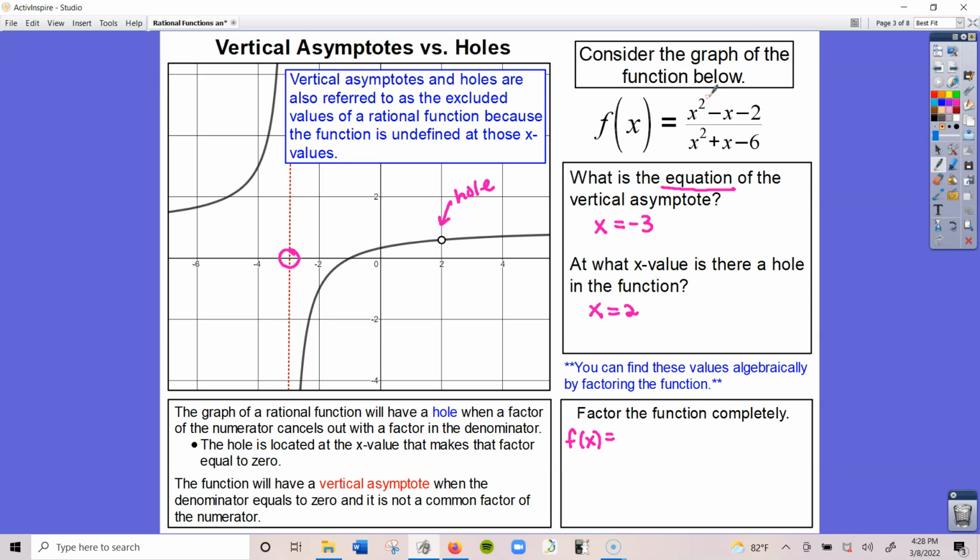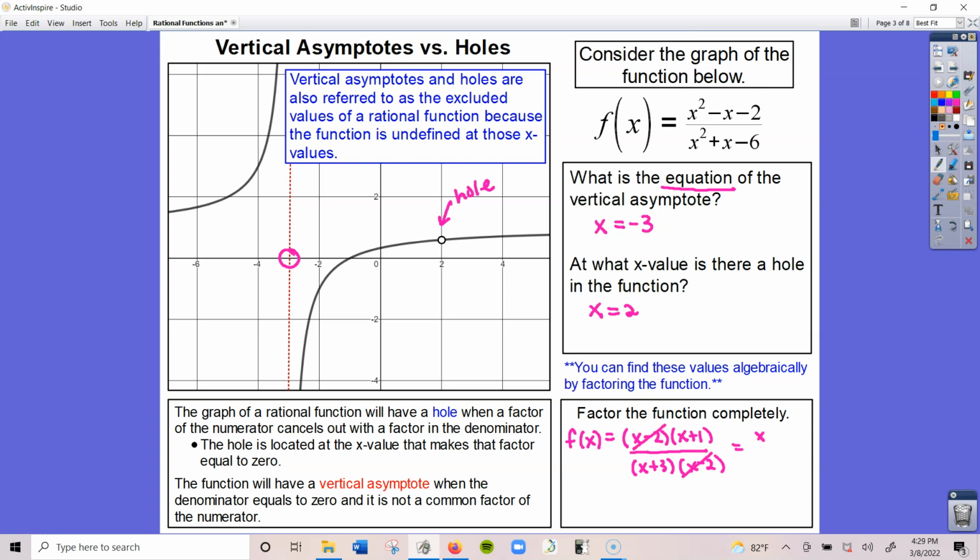If I factor the numerator, x squared minus x minus 2, that is x minus 2, x plus 1. And the denominator, x squared plus x minus 6, is x plus 3, x minus 2. To simplify, we can cancel out any common factors in the numerator and the denominator.